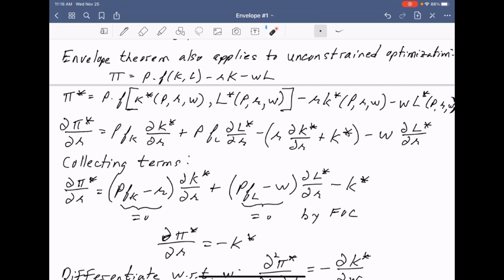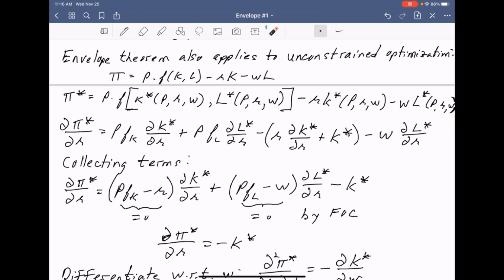as a function of the optimal K and labor, where K star is a function of P, R, and W, and labor is a function of output price, the input price for capital and the input price for labor, minus R, the input price of capital, times the optimum amount of capital, minus the wage rate times the optimum amount of labor.